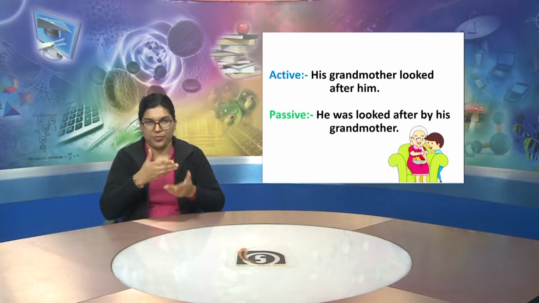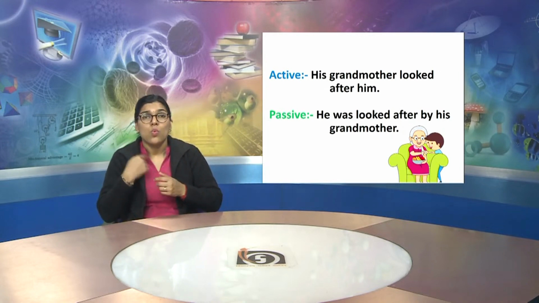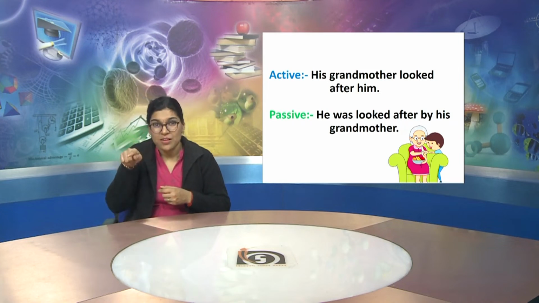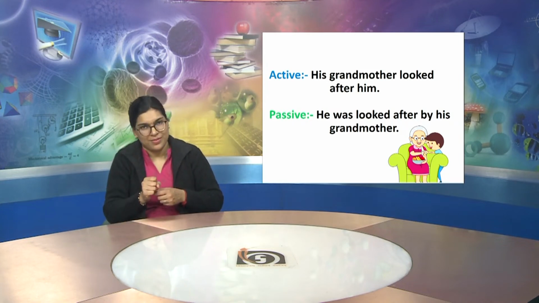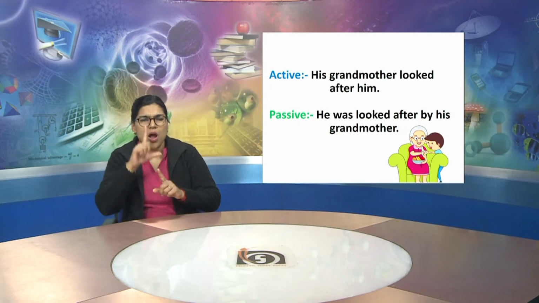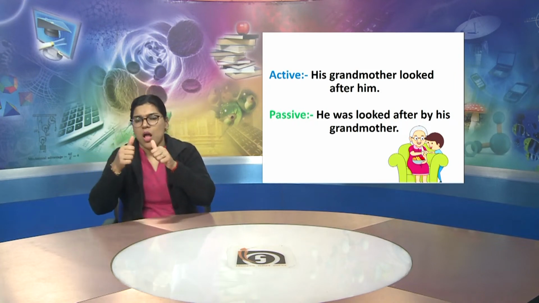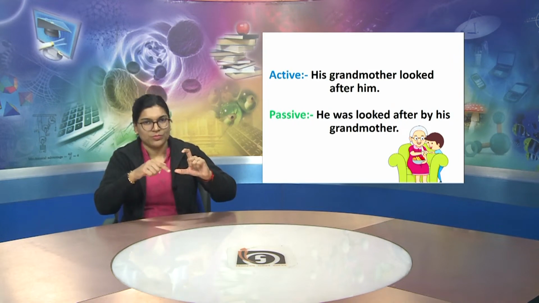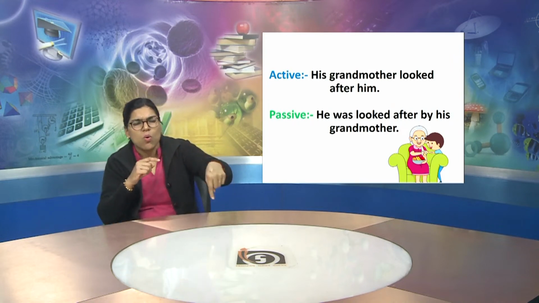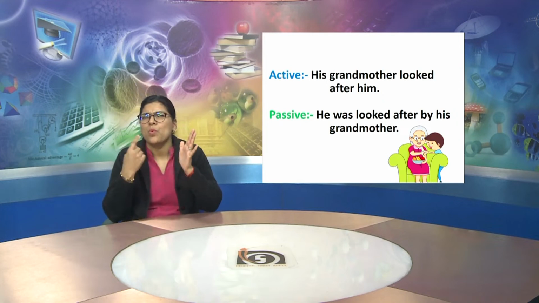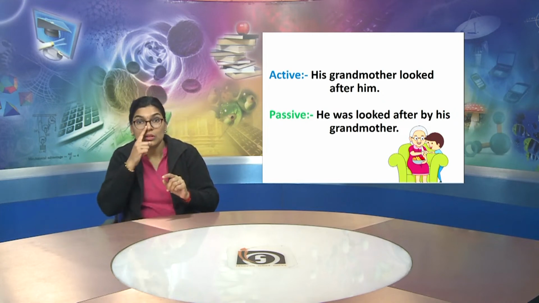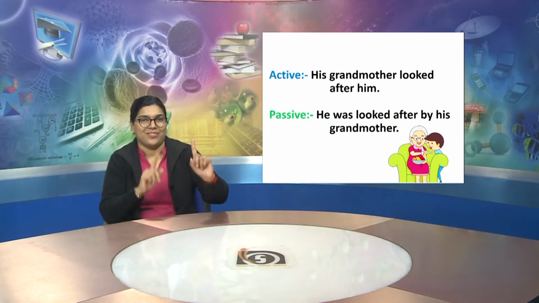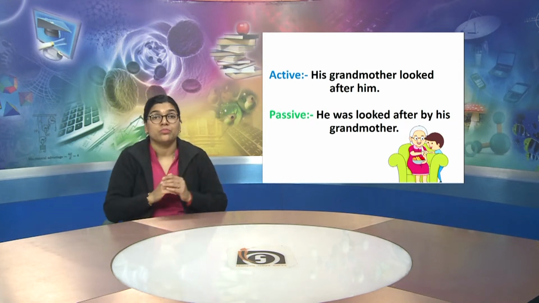In the active statement, you can see, his grandmother looked after him. We know that looked after means to take care. Here the grandmother is taking care of the boy.